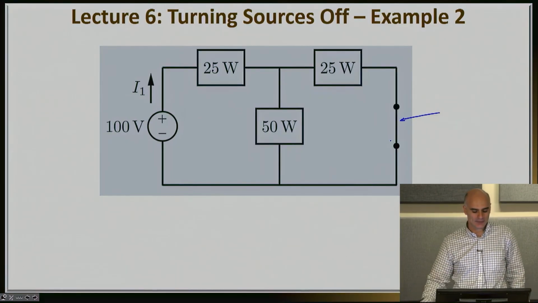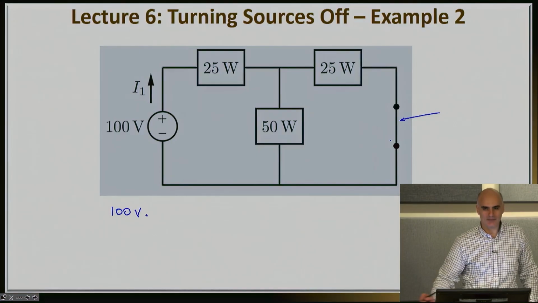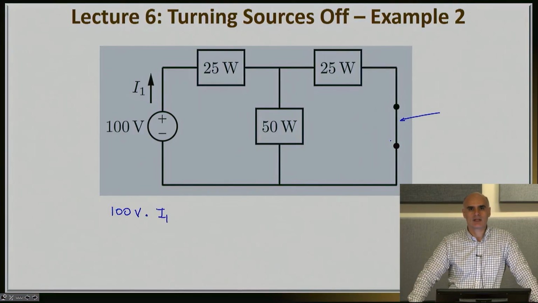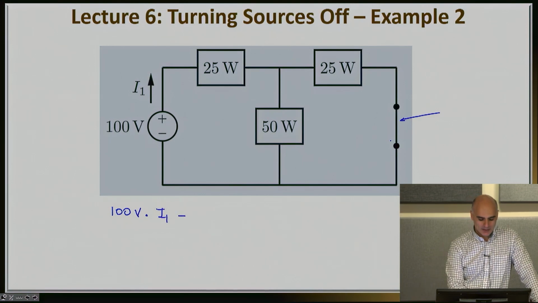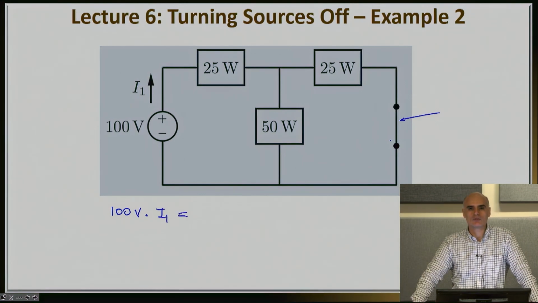So I can find, for example, here that the 100 volts that I'm supplying from the power supply times I1, which is the current, must be equal to all the power that is being consumed on that circuit. In other words, I'm applying the principle of conservation of power.